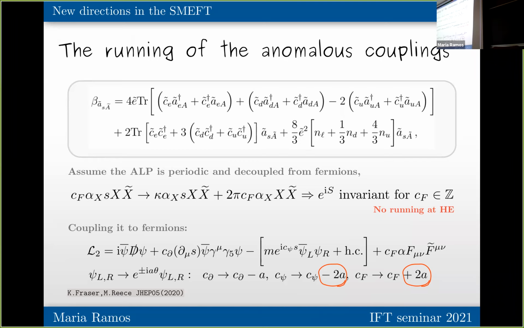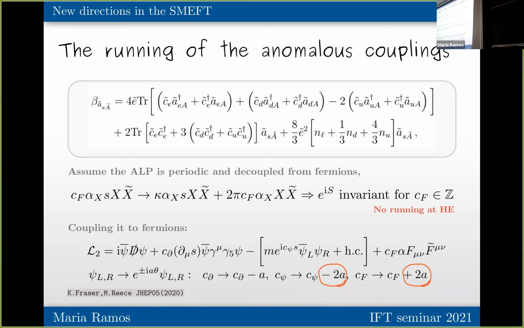That is because when you do this shift by 2 pi, you know that when you integrate over space-time, this alpha F F-tilde with proper loop factors is actually a topological charge, an integer. So you do get rid of this term with no physical consequences if you require that this C_F is an integer.